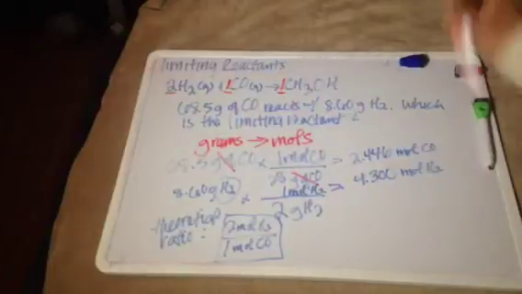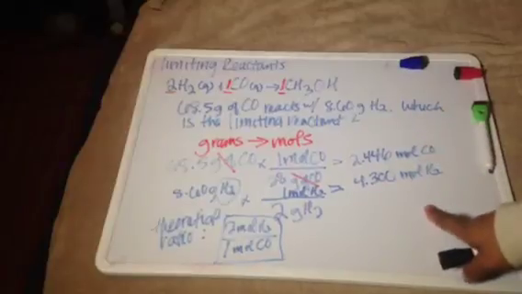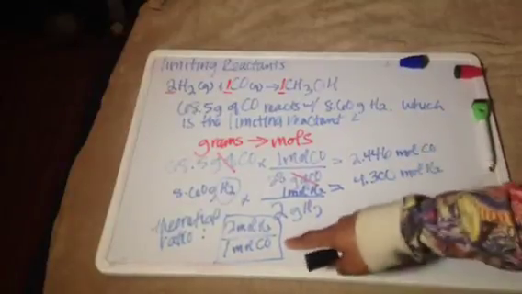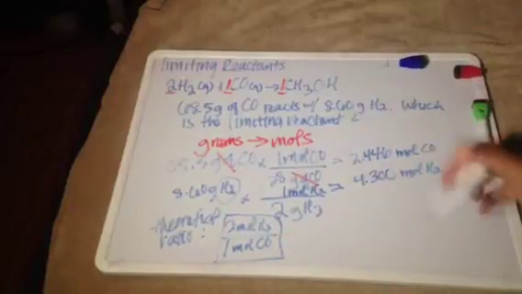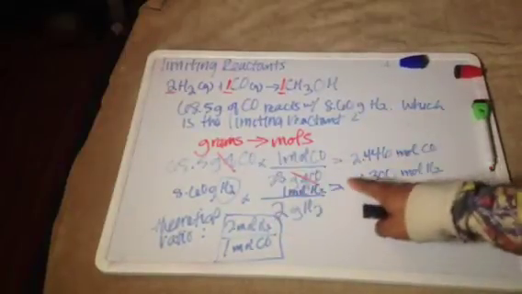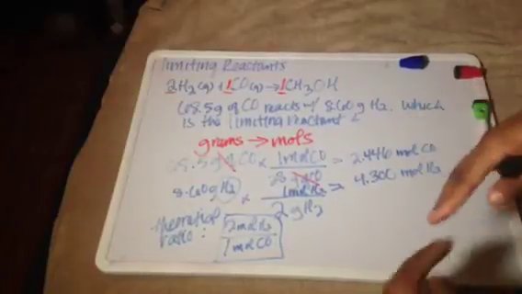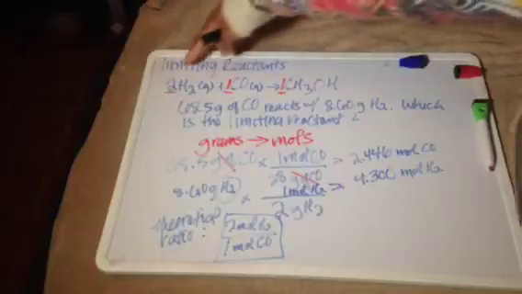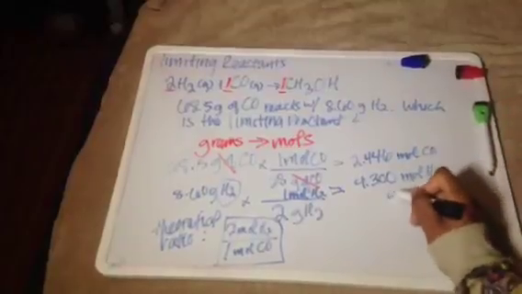Now, this is going to be our actual mole to mole ratio, okay, which we're going to later compare to our theoretical ratio. Now again, we have our hydrogen at the bottom, our carbon monoxide at the top. We're going to need to flip those because per our chemical reaction, hydrogen comes first. So we're going to put 4.3.